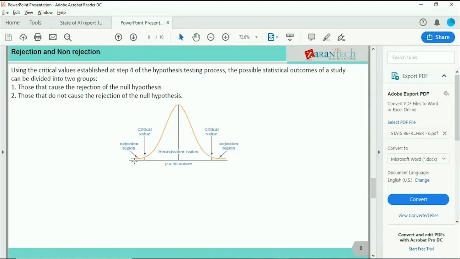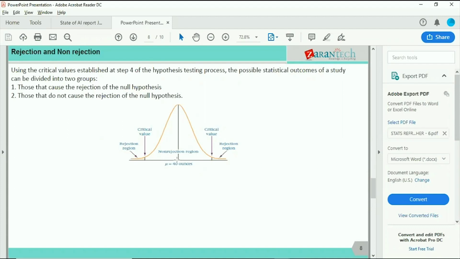The alternate hypothesis is kind of a default. It depends on what happens to the null hypothesis, and then we decide the fate of the alternate hypothesis based on that. Make sense?